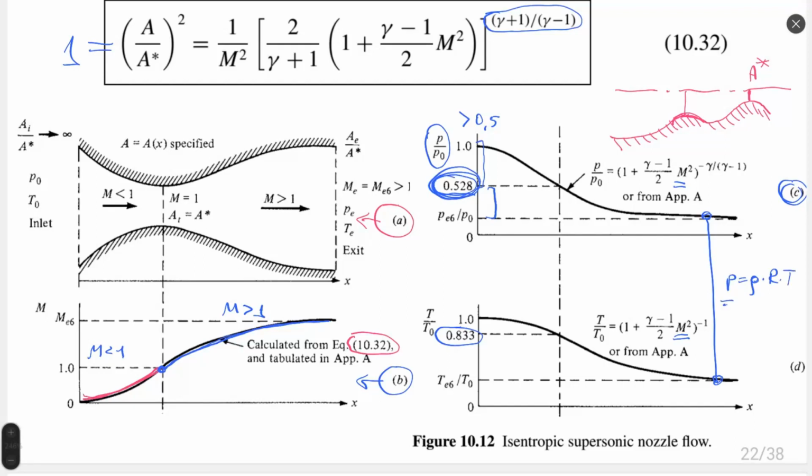Once we have the pressure and temperature functions, we can get the density from this simple relation, not involving the adiabatic constant or a power function of density, and it becomes much simpler.